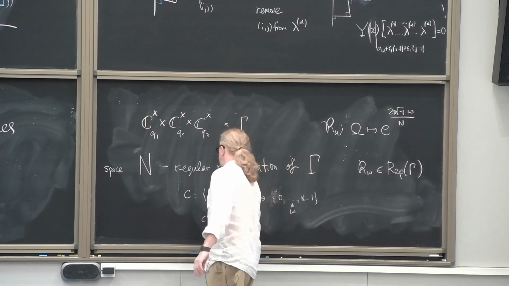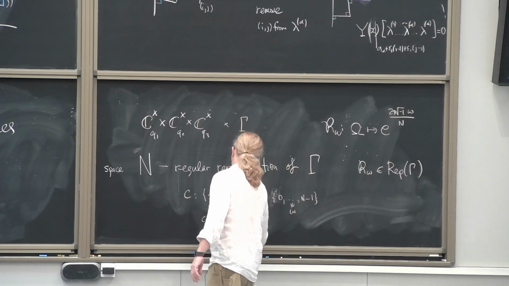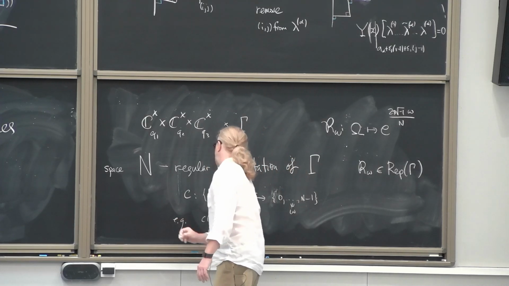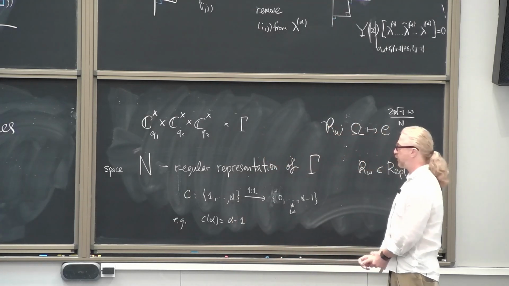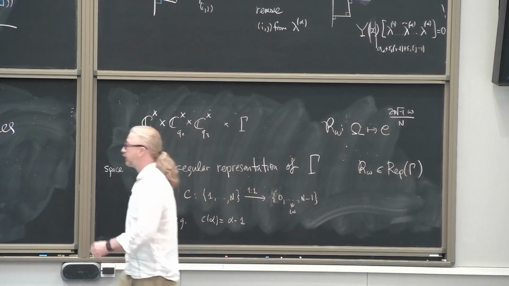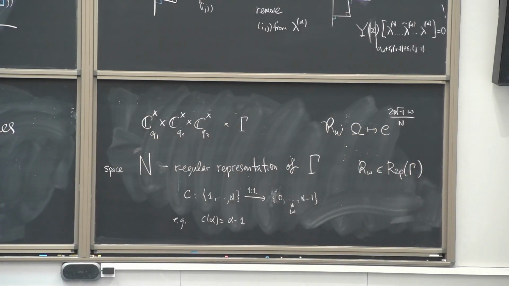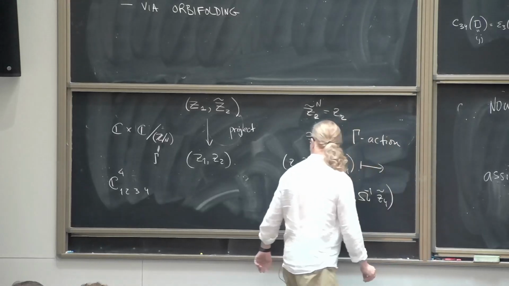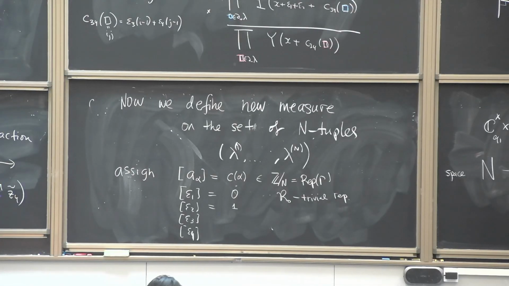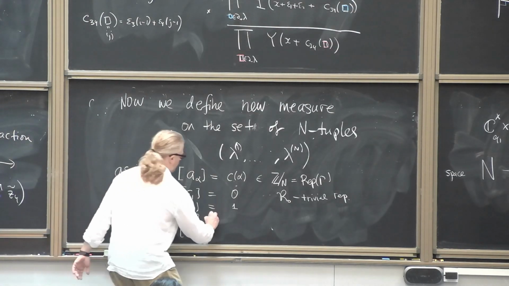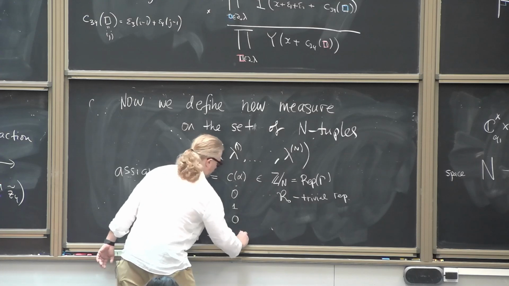And if you like, we can just take C of alpha to be alpha minus 1, one possible coloring. Now, 0 means trivial representation. So R0 is the trivial representation. So epsilon 2 is assigned 1, and that's meant to represent this fact. Epsilon 3 is 0, and epsilon 4 is minus 1.